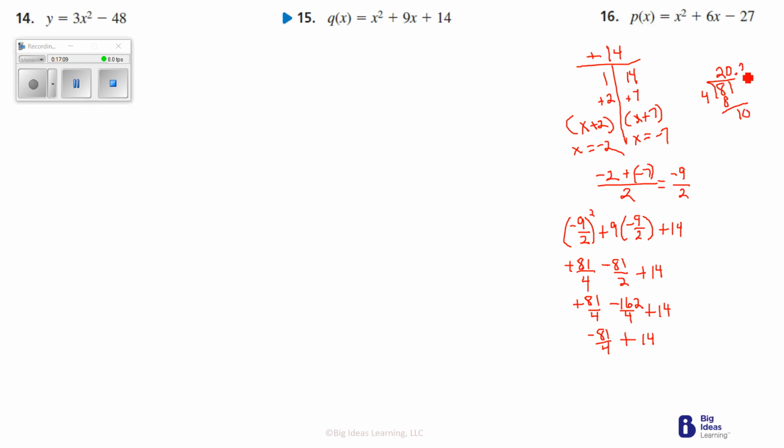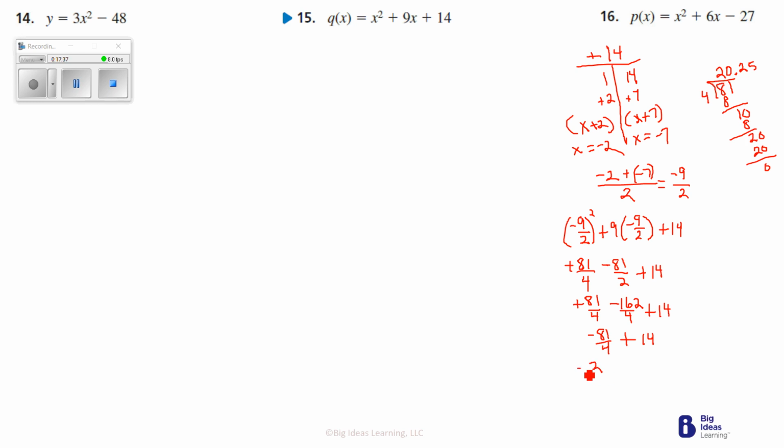We'll put a 2 over here. And then we can put another one here and make this a 5. All right. So this is really 20.25.